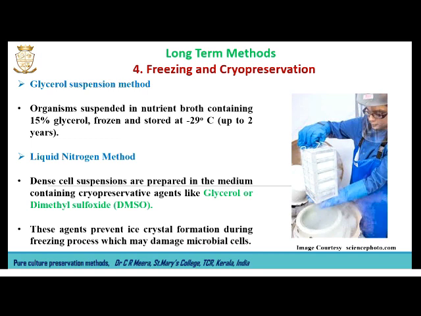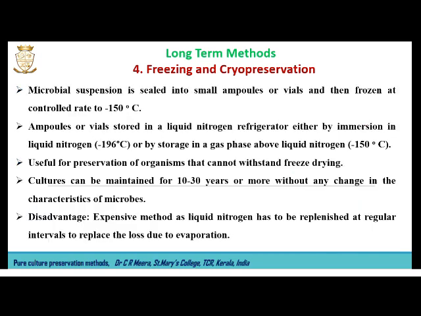These agents will prevent the ice crystal formation during the freezing process, which may damage the bacterial cells. After cultivating the microorganisms along with the cryopreservative agents, the suspension of microorganisms are transferred to small ampules or vials and they are frozen at controlled rate to minus 150 degrees Celsius.